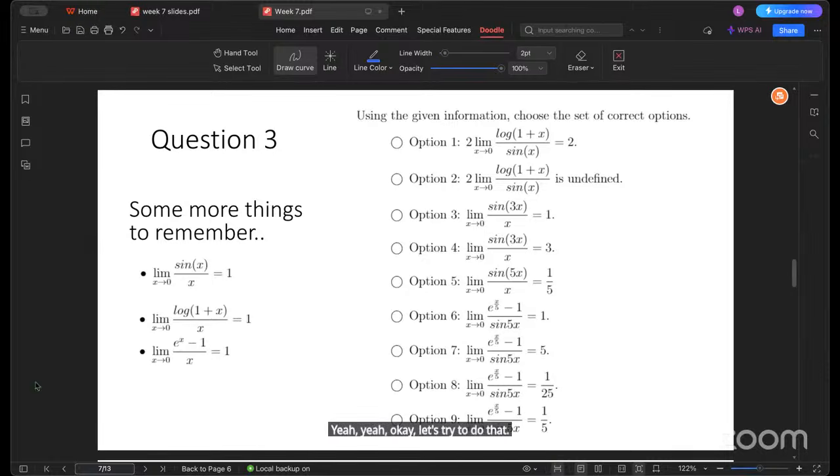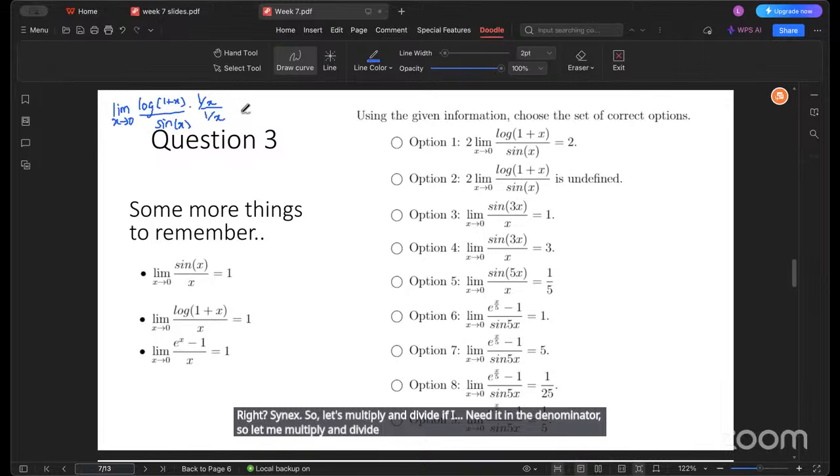So the first one, you have the limit as x goes to 0 of 2 log(1 plus x) by sin x. Let's multiply and divide by 1 by x, since I need it in the denominator.